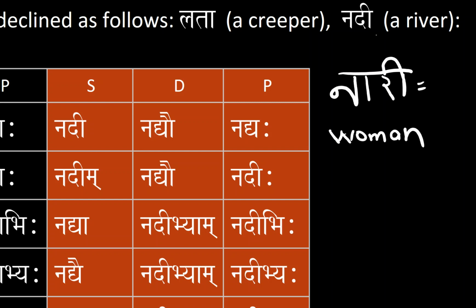Again, just to give an example of how to use the table, we're going to remove that long e in nari, and then add our case endings. So nari, nominative singular, stays the same. You would add that long e at the end.